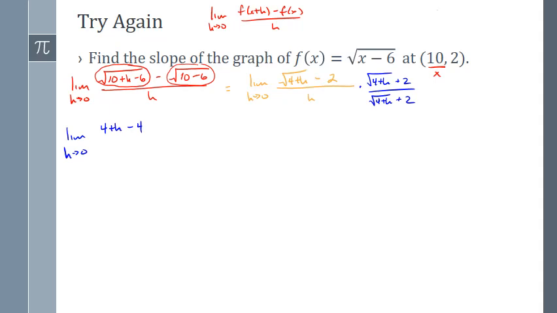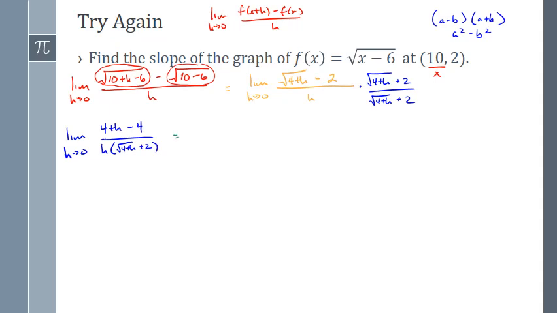We're just doing the difference of squares. So it's a squared minus b squared is what we did there, all over h times the square root of 4 plus h plus 2 on the bottom.